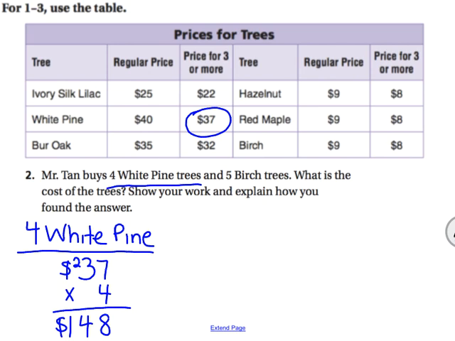So the total cost of the 4 pine trees will be $148.